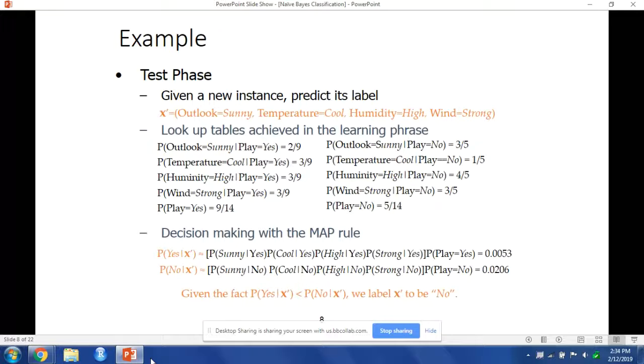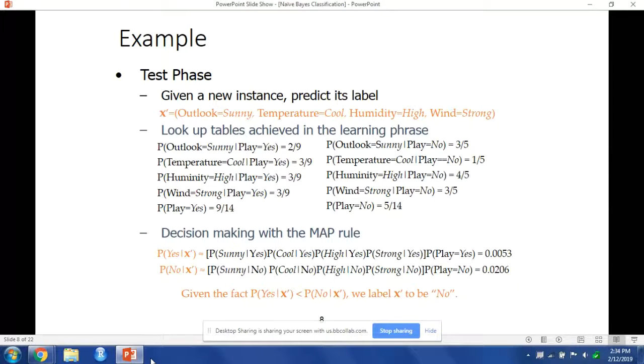So then we test the model on a new set of 4 variables. Our new test case is with an outlook that is sunny, temperature is cool, humidity is high, and the wind is strong. So then we go back to the previous slide and we look up our corresponding probabilities and plug them into our formula. We have the probability of yes given our test case.